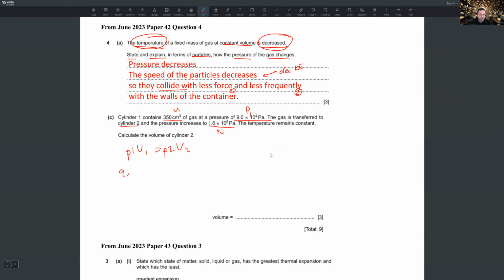Numbers: 9 times 10 to the power of 4 times 350 equals 1.6 times 10 to the power of 5 times V2, because I don't know V2. My bad, we have P2, we need V2. Make it the subject: 9 times 10 to the power of 4 times 350 over 1.6 times 10 to the power of 5.